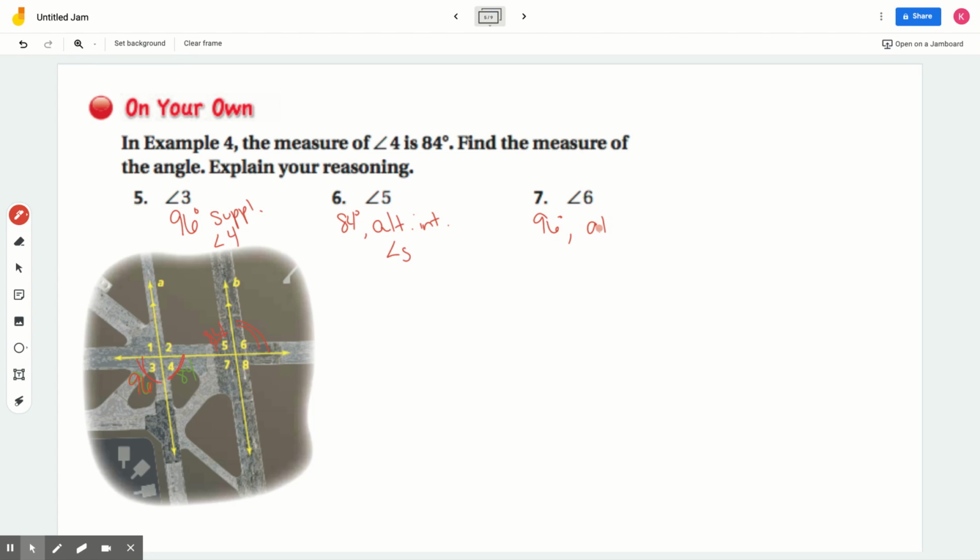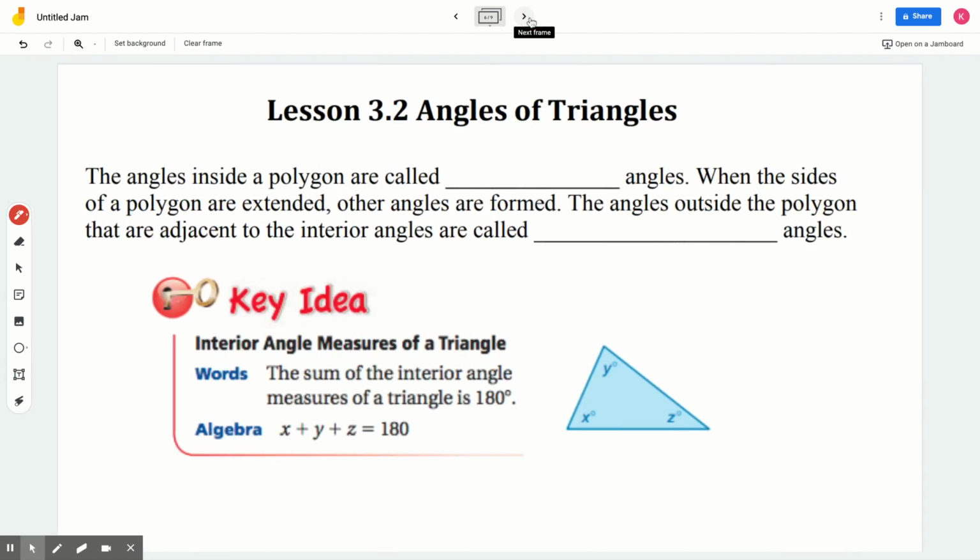So we know those are congruent. Alternate exterior, because it's on the outside of those parallel lines, with angle 3.